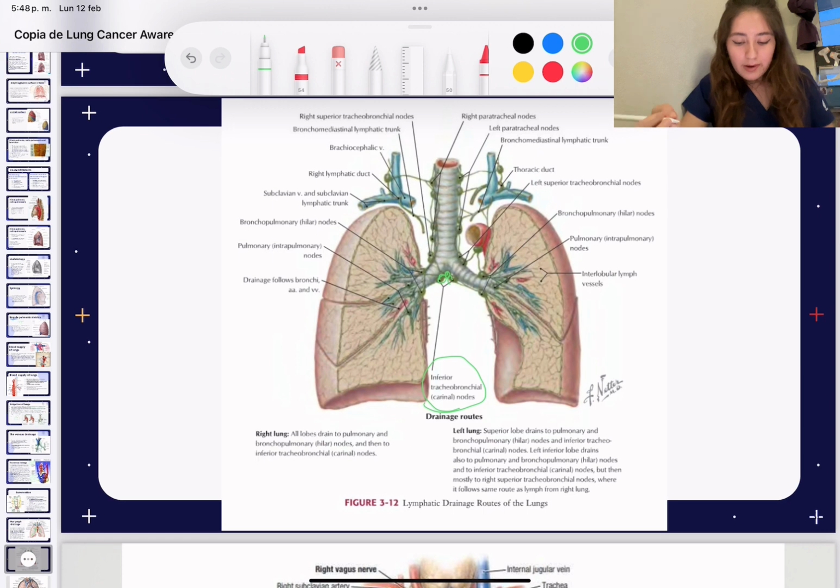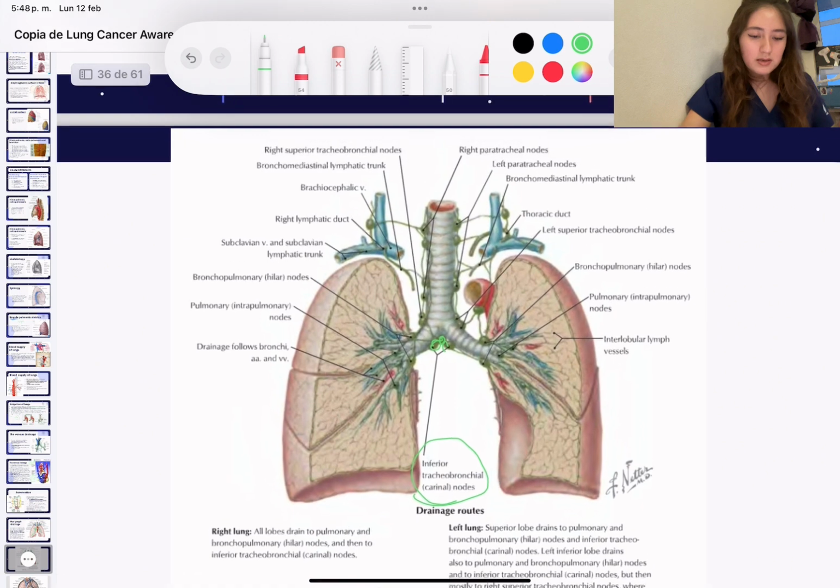The left inferior lobe drains also to pulmonary and bronchopulmonary hilar nodes and to the inferior tracheobronchial carinal nodes, but then mostly to the right superior tracheobronchial nodes, where it follows the same route as lymph from the right lung.